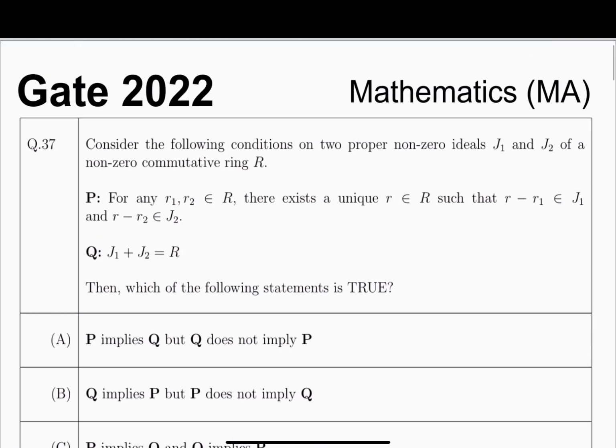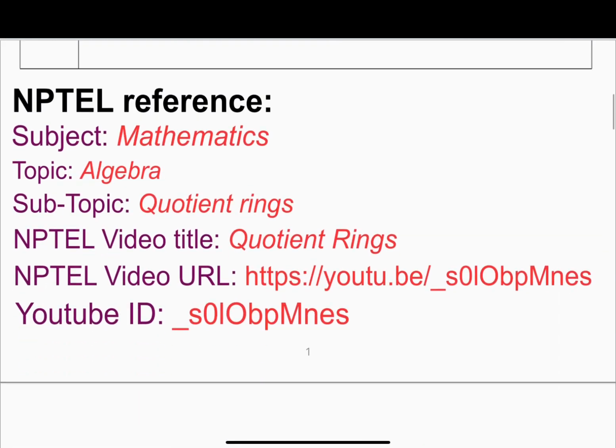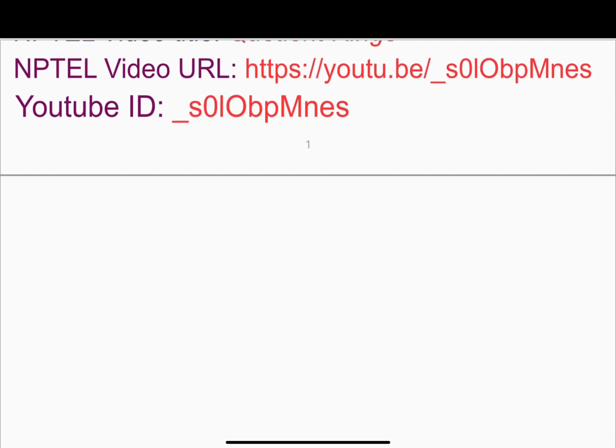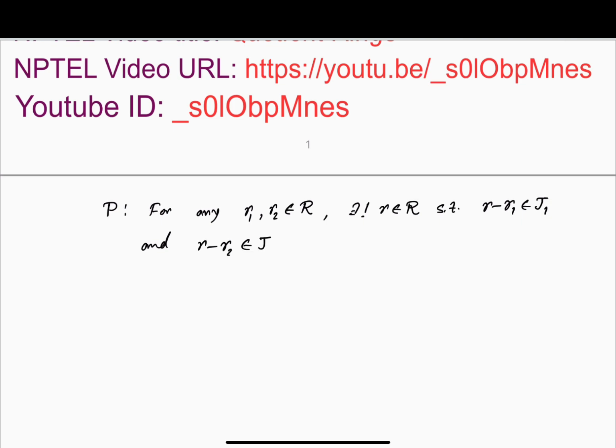Okay, so let's see. First P: it is saying that for any R1 and R2 belonging to R, there exists a unique R in R such that R minus R1 is in J1 and R minus R2 is in J2, and then Q. So what is this option saying?